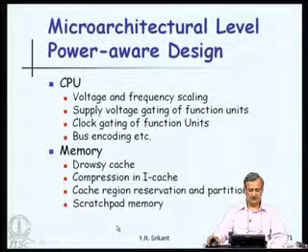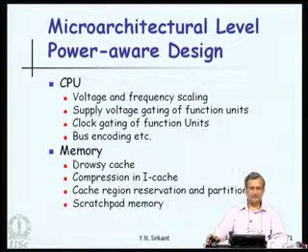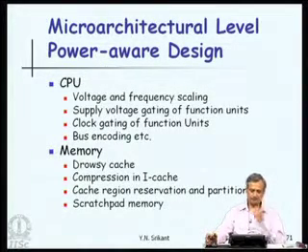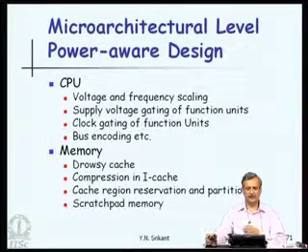For example, the CPU and memory are the energy guzzlers in a computer system. On the CPU front, we can use voltage and frequency scaling, changing the voltage and frequency of the CPU. We can use supply voltage gating of function units inside the CPU.